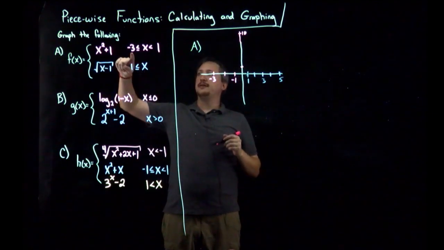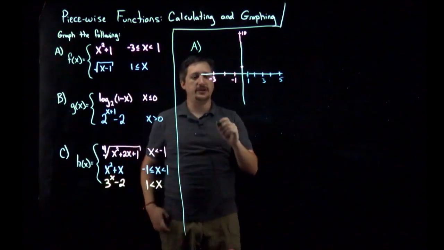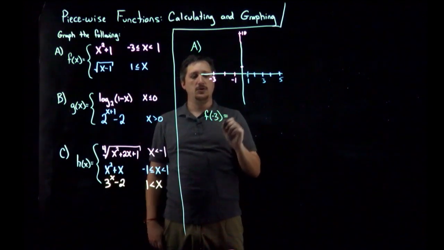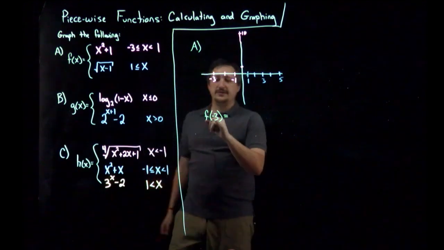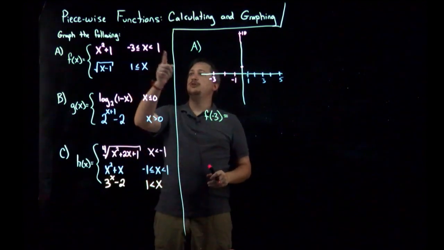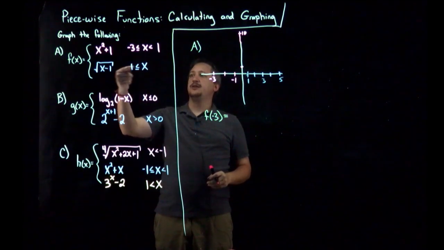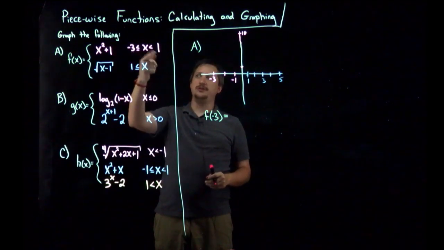So I want to know where it's at -3. This is the calculating part. If I'm going to look at f of -3, what is that? So what I do when I calculate this is I say, okay, -3. Which domain is -3 in? Well, is -3 greater than or equal to 1? Not so much. Is -3 between -3 including and 1? Yes.